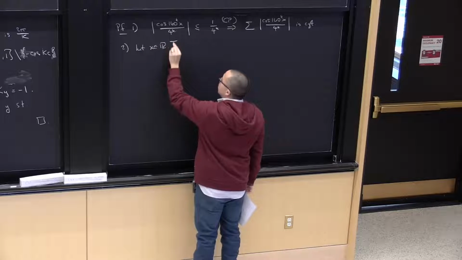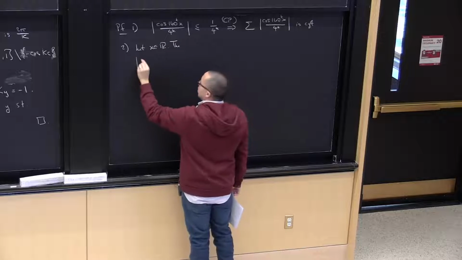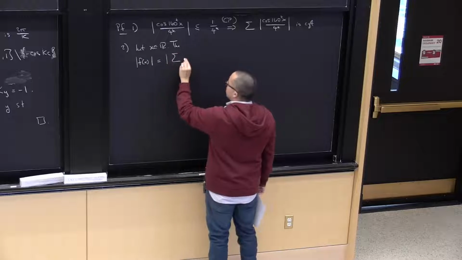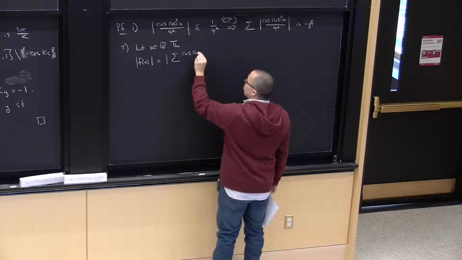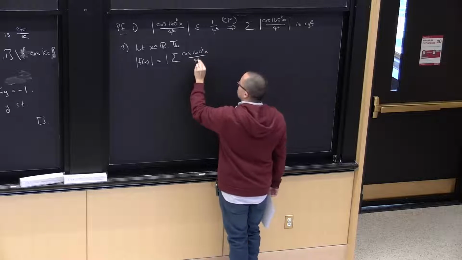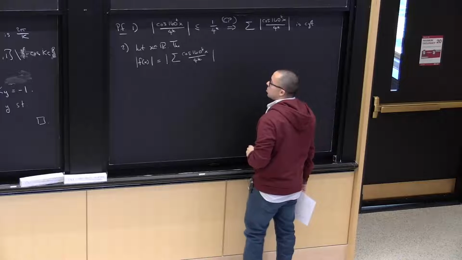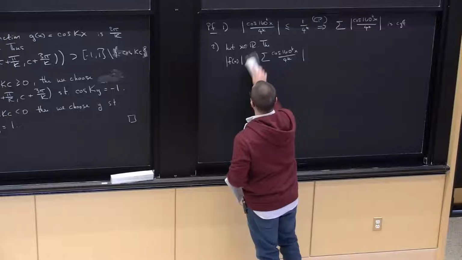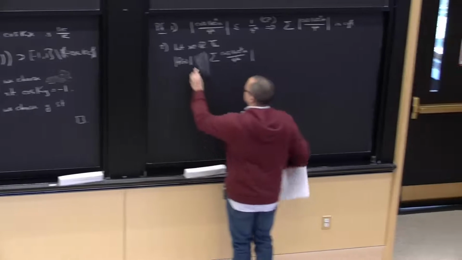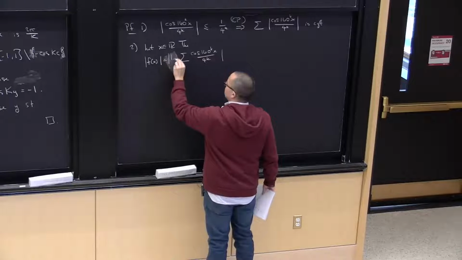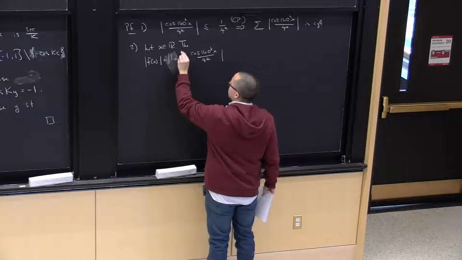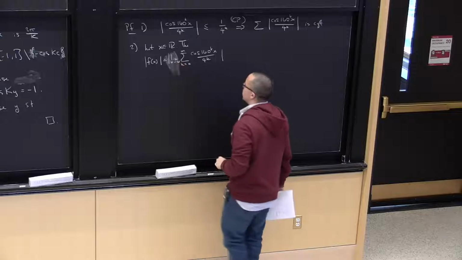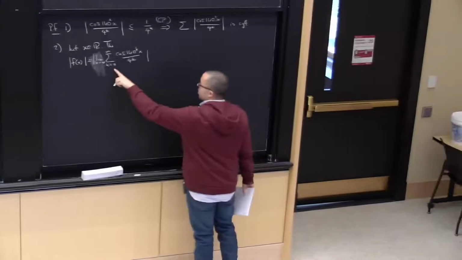Let x be in R, then f of x is equal to the limit as m goes to infinity of this sum.